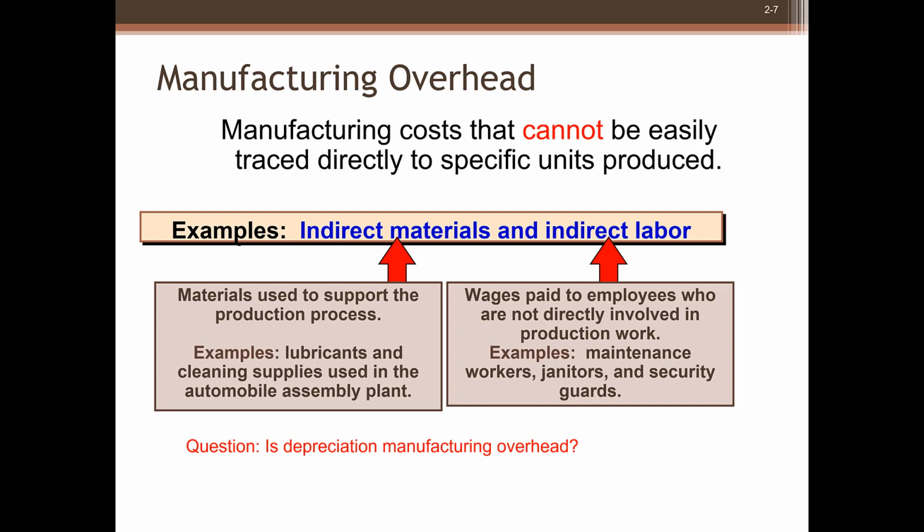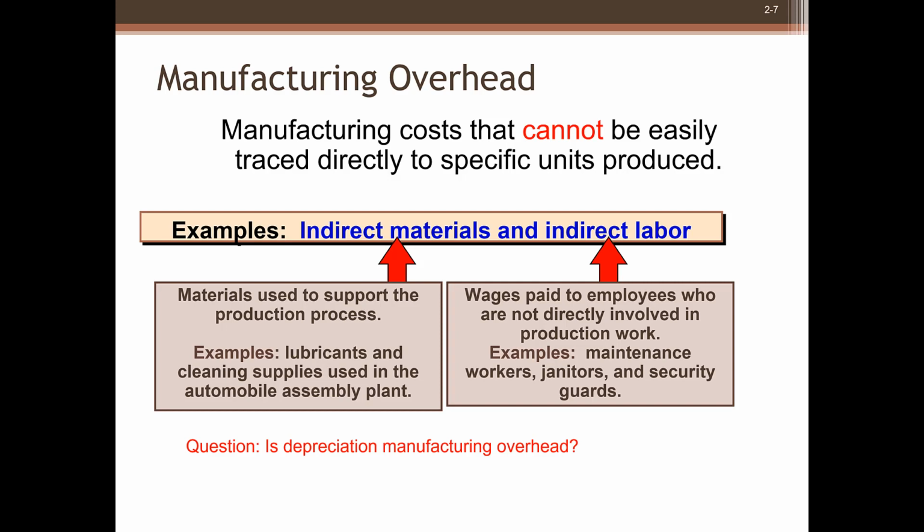In Intro to Financial Accounting class, almost all examples we use are merchandise companies. So, in the property, plant, and equipment of merchandise companies, if there's any depreciation, we debit depreciation expense. We credit accumulated depreciation. However, in managerial accounting, most examples are manufacturing companies.